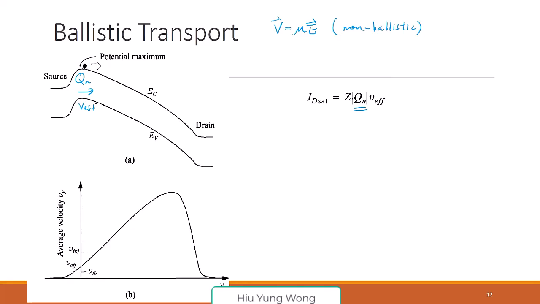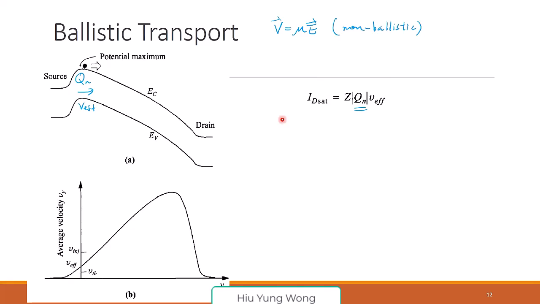Then the current, of course, is Qn times v effective. That's it. I don't care what happened afterwards because it's ballistic, right? You just keep going. The dominating part is this injection point. And that is how you calculate the current when you have ballistic transport, right?